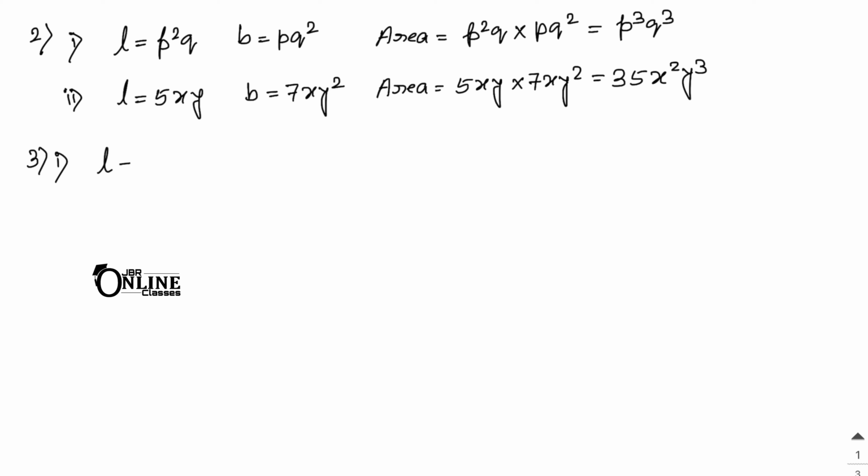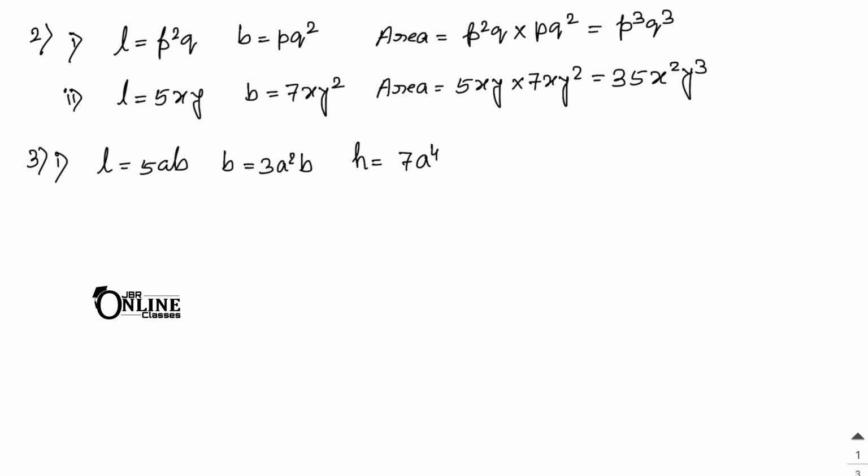As here first one, length equal to 5ab, breadth equal to 3a square b and height equal to 7a to the power 4 b square, then the volume will be, you have to multiply these three. So 5 into 3 and then 7. So 15 into 7, it becomes 105.